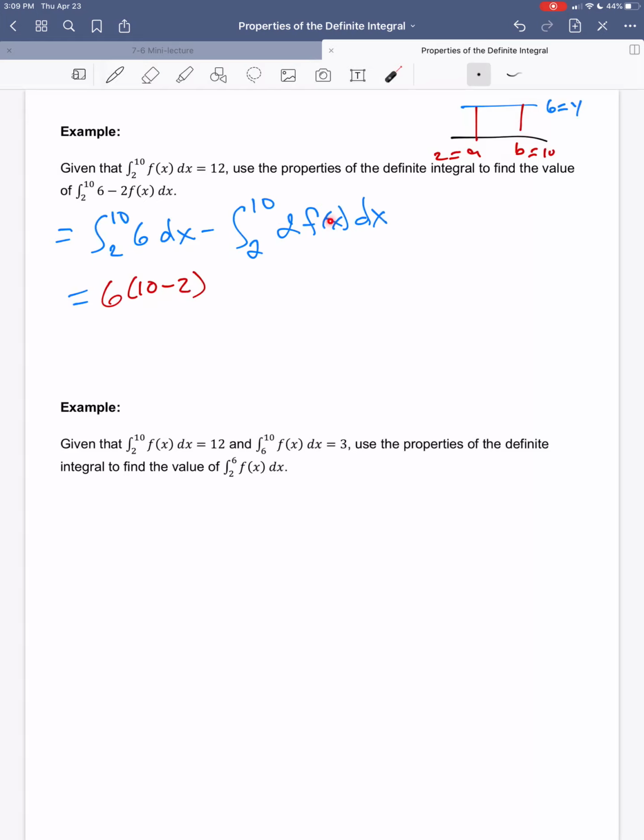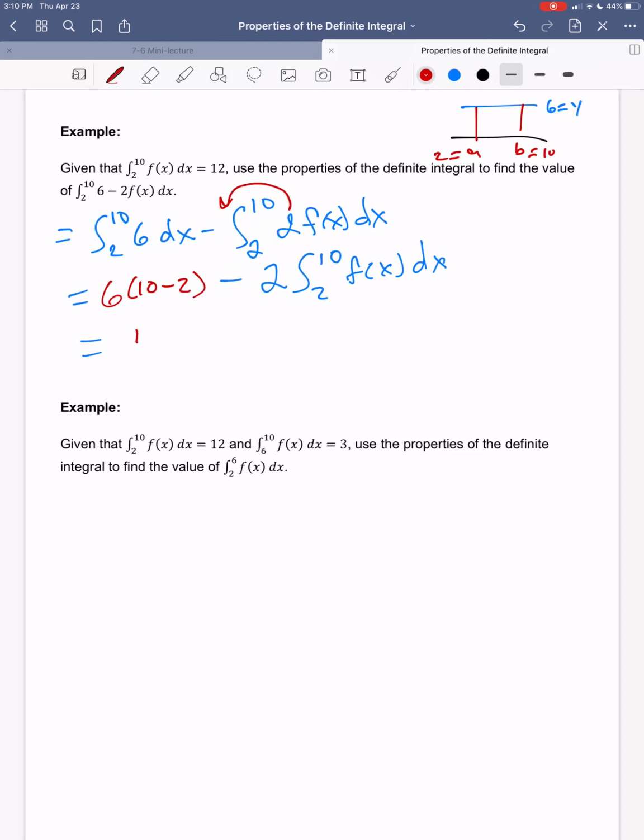Here I've got a constant times the function. I can pull that constant out of the integral. So I'm going to get minus 2 integral 2 to 10 f of x dx.